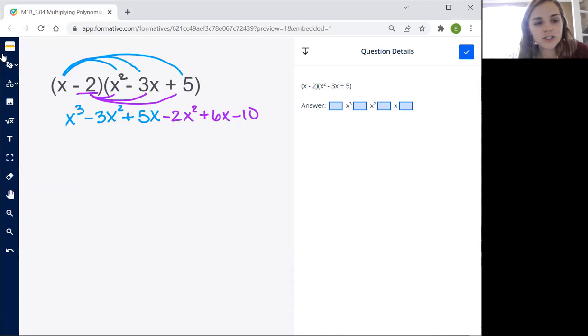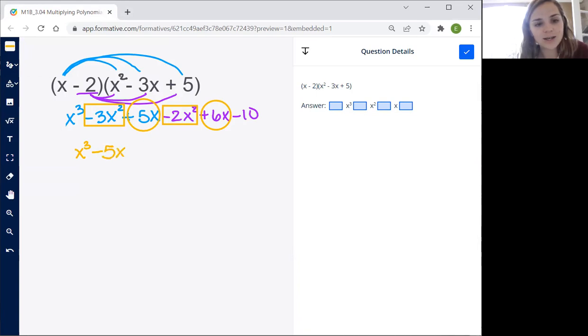Then you're going to need to combine like terms, just like last time. You also want to put these in standard form, meaning you want them in descending order, so you want the highest exponent first. Your like terms, I'm just going to circle them all. If we combine them, we want the x to the third first, then negative 3 and negative 2 is negative 5.